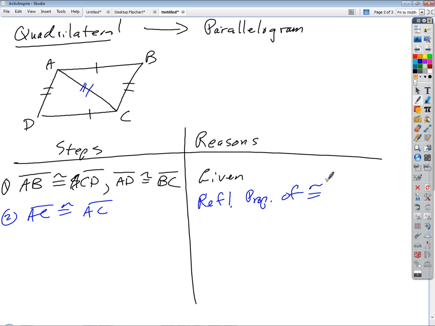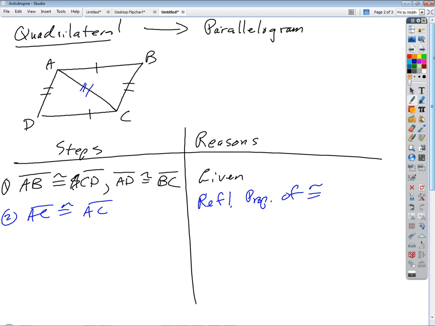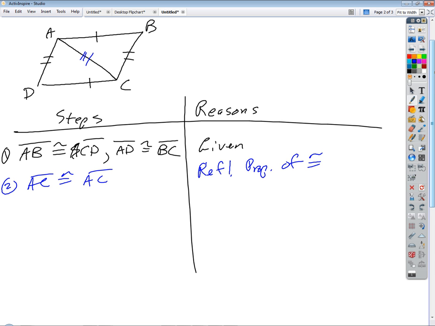All right, so I'll be real careful here. How am I going to say that congruent statement then? Triangle ABC is congruent to triangle CDA. Does everybody get that?